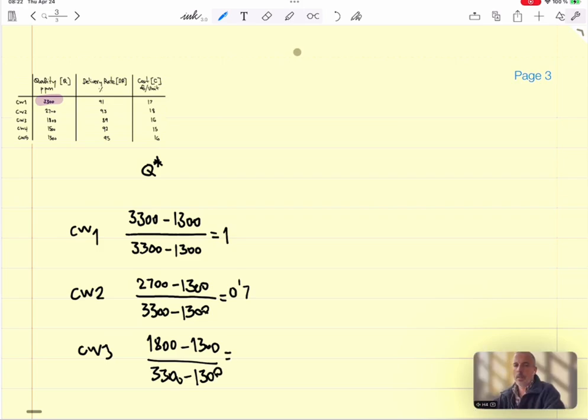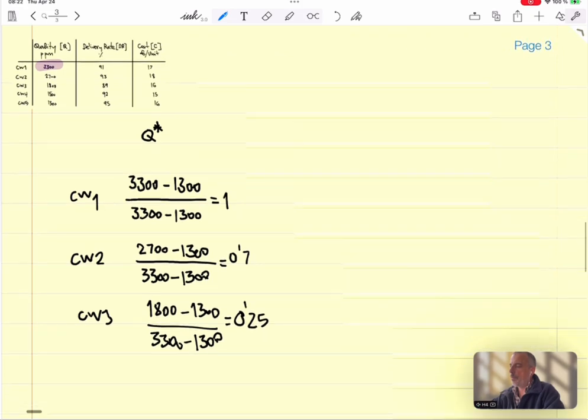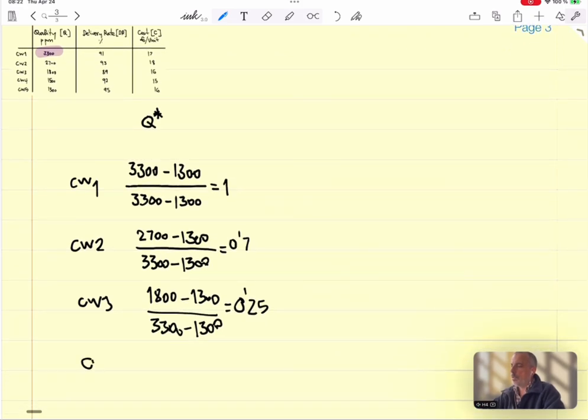This delivers 0.25. Calendar week 4: 1.5 minus 1.3, divided by 3.3 minus 1.3, and this delivers 0.1.